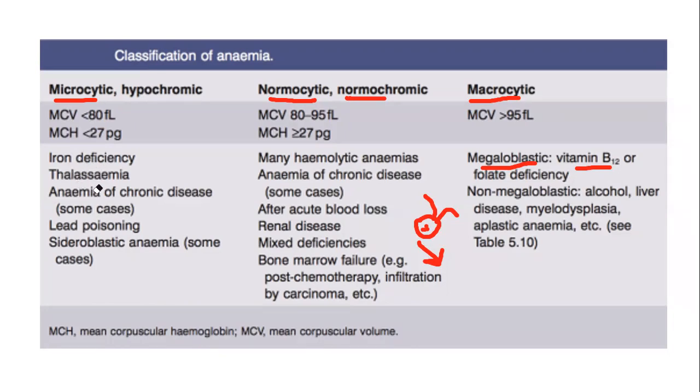Other is thalassemia, right? Sometimes a board question asks, in case of thalassemia, what kind of anemia develops? And you know, thalassemia is a genetic defect.